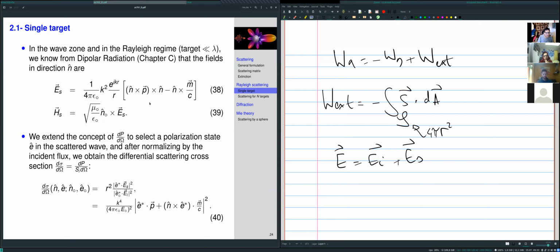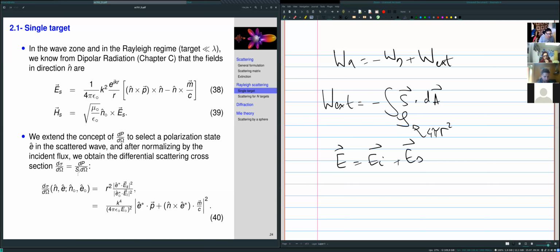So we include, right, this dP/dΩ is the power radiated towards a given solid angle, per unit solid angle. And we connected with the concept of cross section by normalizing with the incident flux. So the power emitted by unit solid angle in some direction divided by the incident flux.